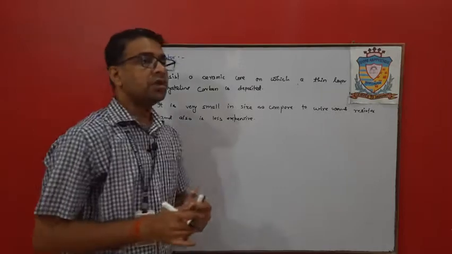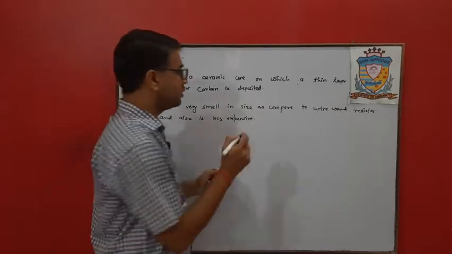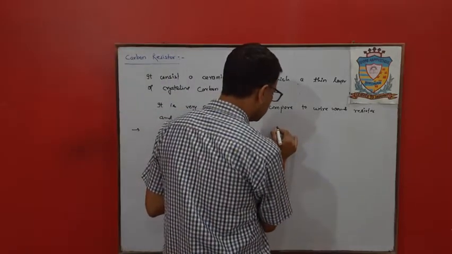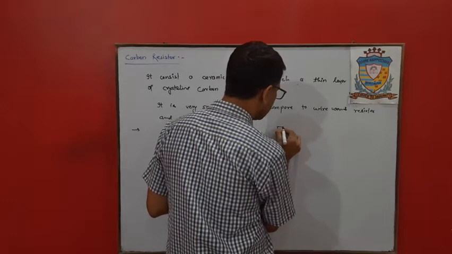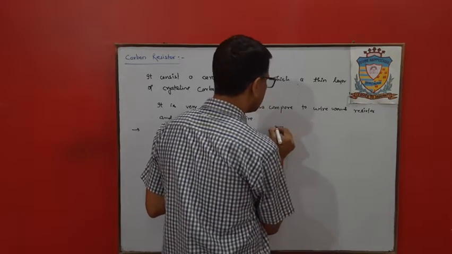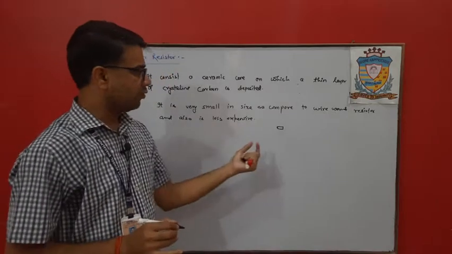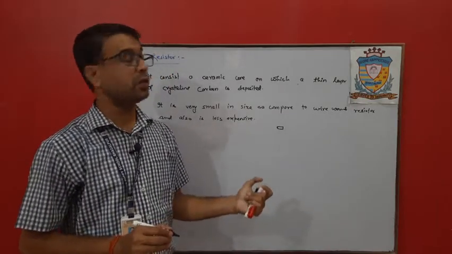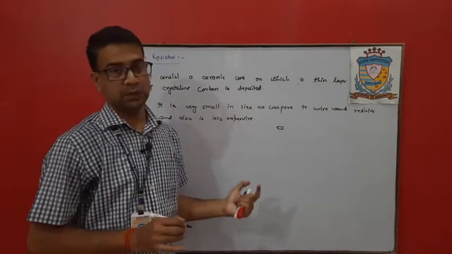So now the question is, if it is this small, like this, how can we find its value?